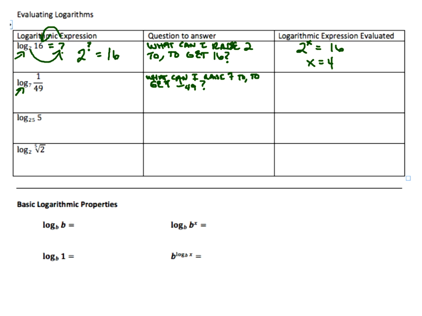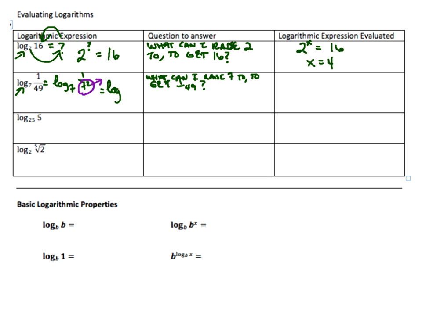And I'm actually going to change that question. I'm going to go ahead and turn 1/49 into 1/7 squared. Whenever you can write a value as an exponential expression when you're dealing with logarithms, it's going to make things a little bit easier. And I'm not only going to write it as an exponential expression, I'm also going to bring it up to the numerator where I like to work.